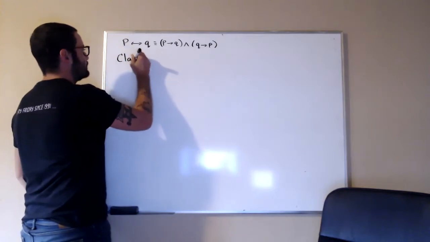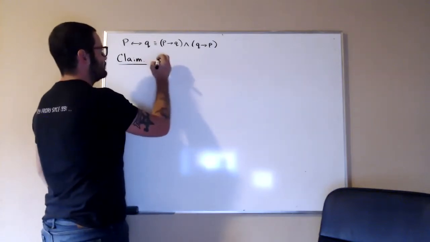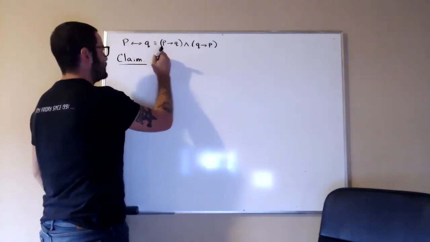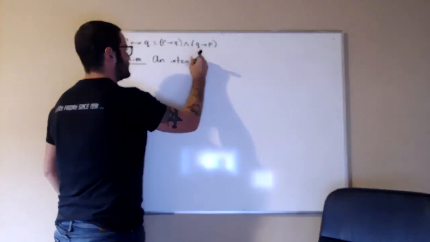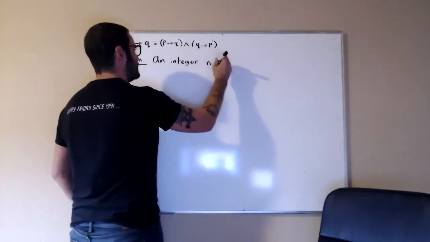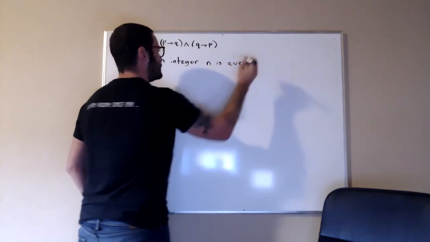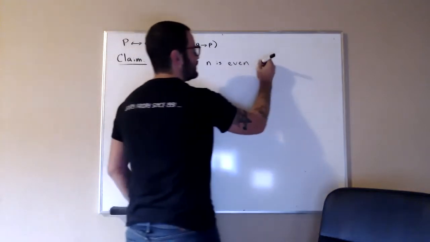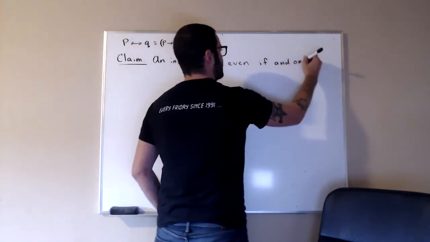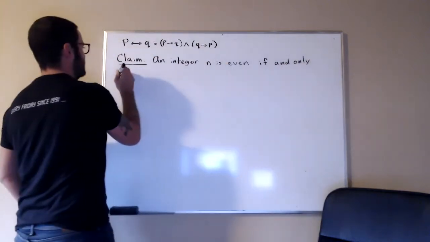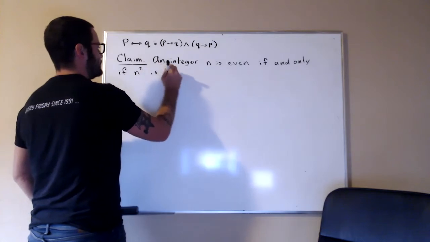So, claim: an integer n is even if and only if n squared is even.